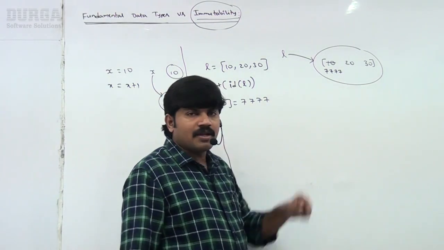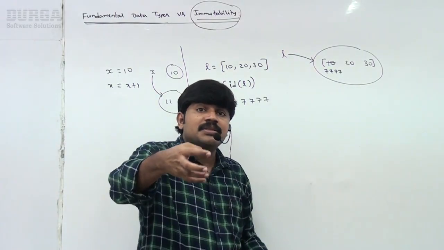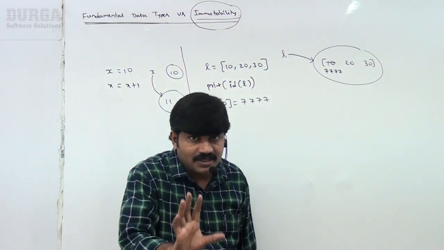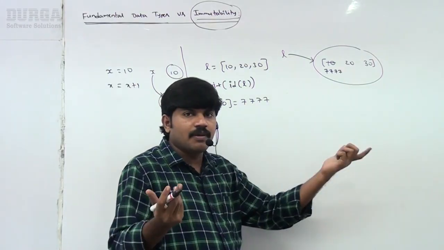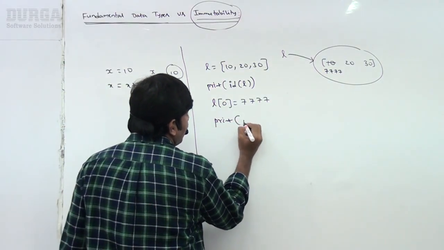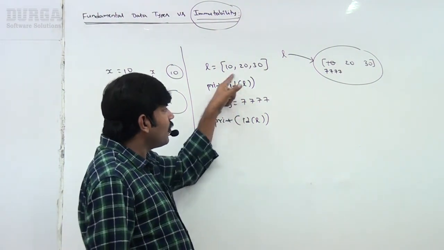Once we create a list object, you can perform any changes in the existing object. This changeable behavior is nothing but the mutability concept. List is mutable. Where is the proof? Now print the address, print of ID of L, after modification and before modification.